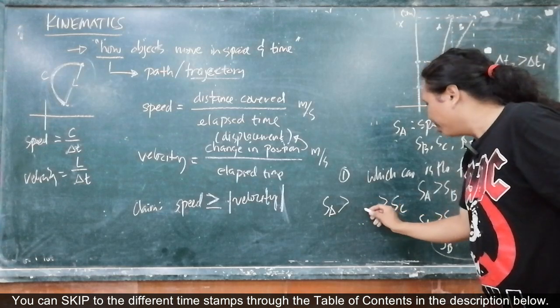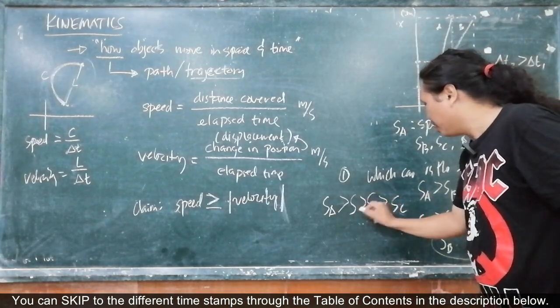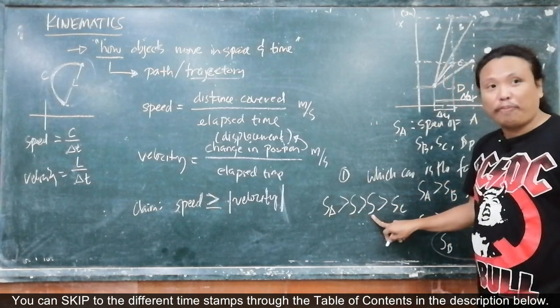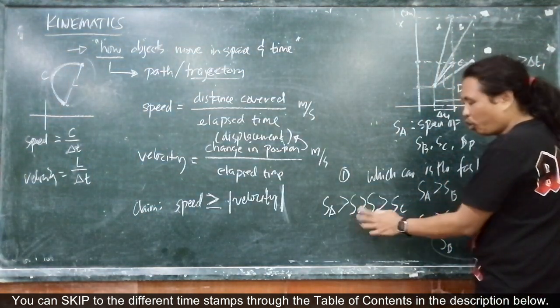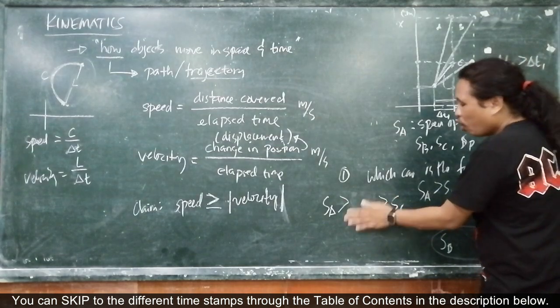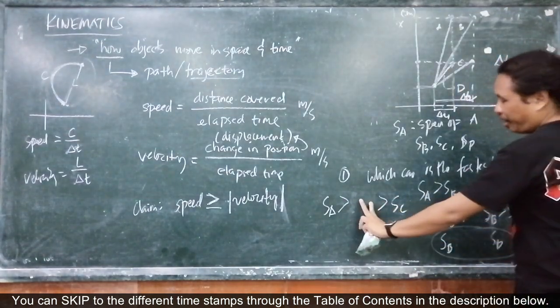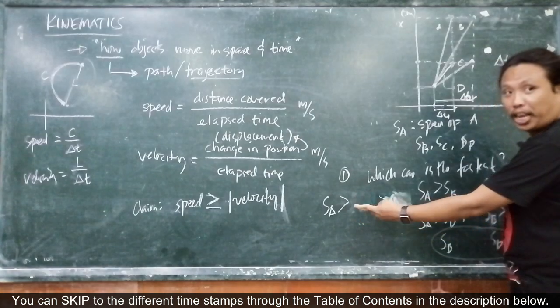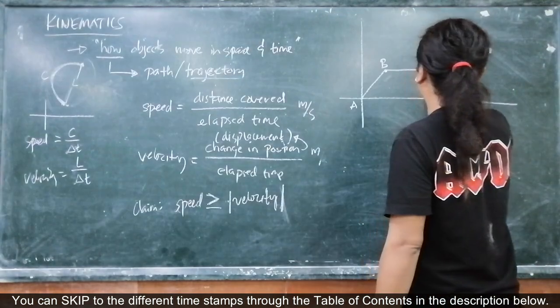Here, this could be SB or this could be SD. The two can interchange here. Or even we can take this as equal. So what we are certain of is that B and D can interchange here.